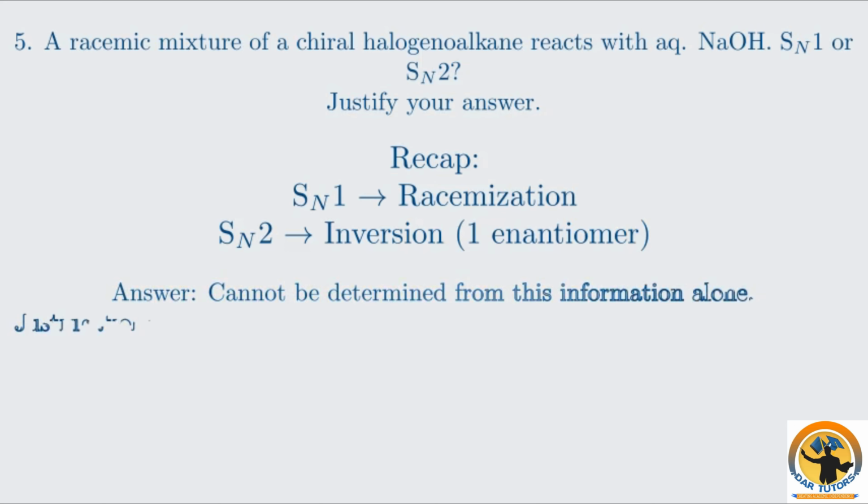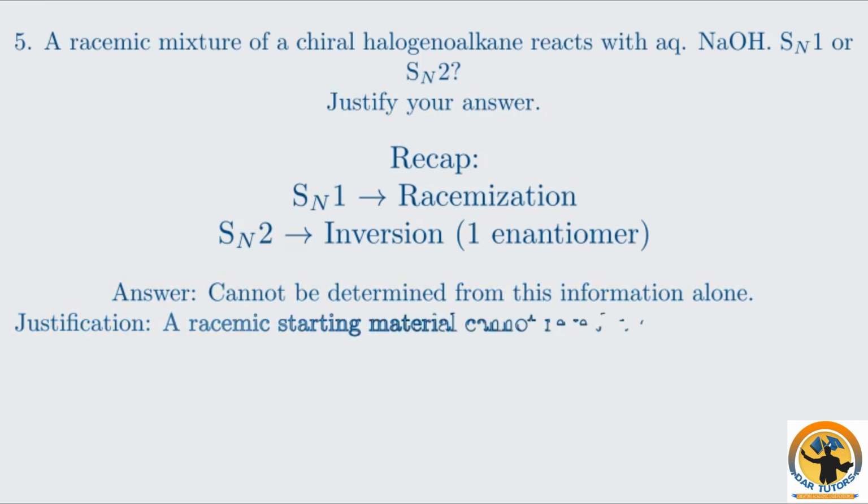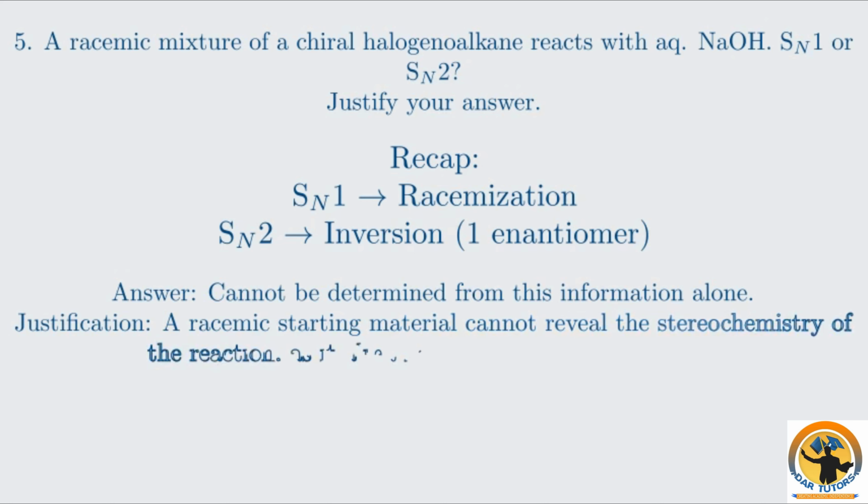However, this does not tell us the mechanism. Both an SN1 reaction starting from one enantiomer and an SN2 reaction starting from the other enantiomer could lead to a racemic product mixture. We need more information, such as the structure of the halogenoalkane, to make a definitive prediction. The structure is the most important factor in this case.